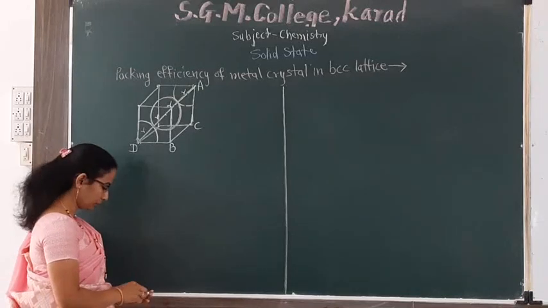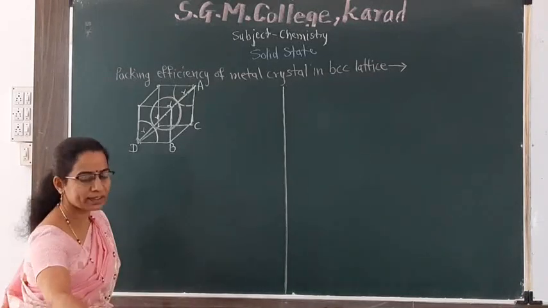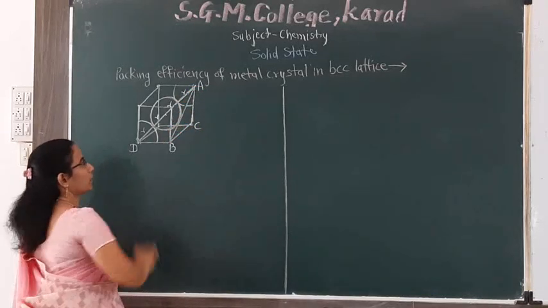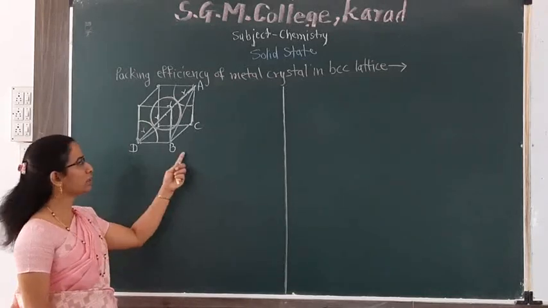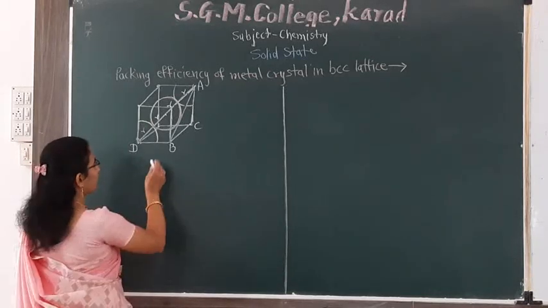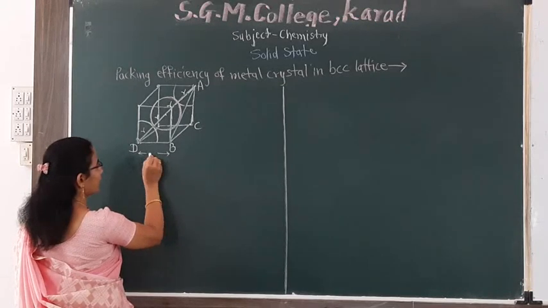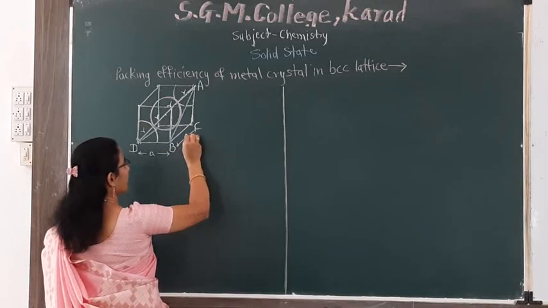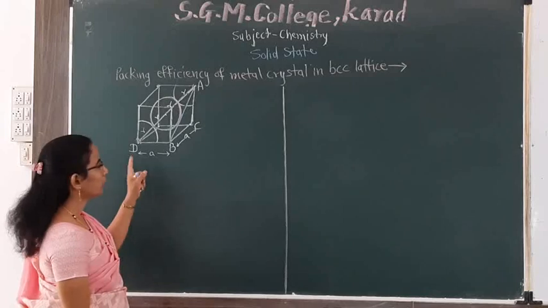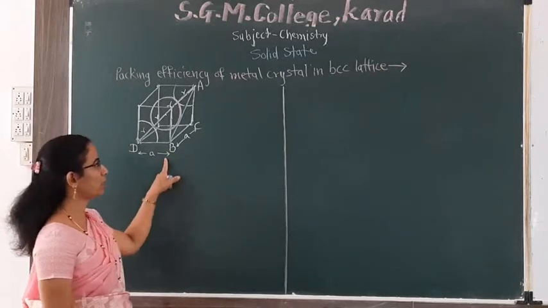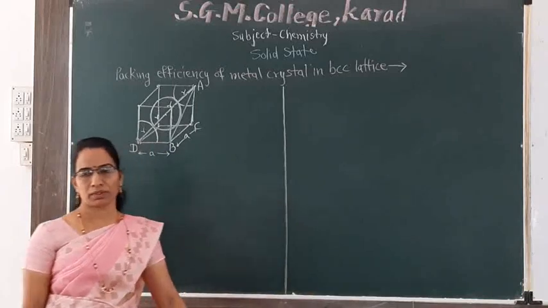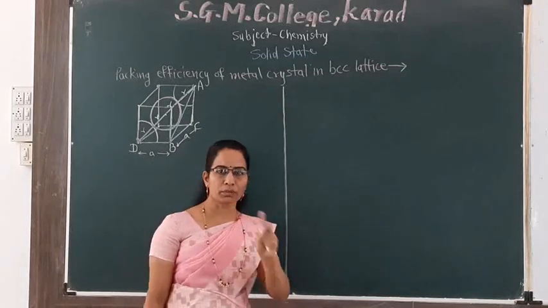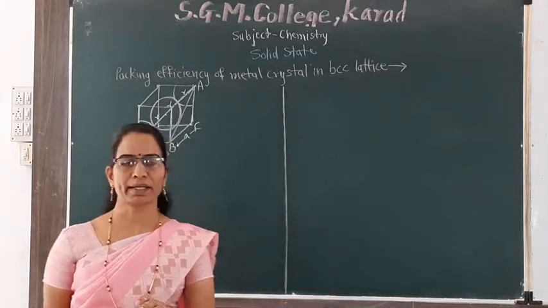Now I will draw a face diagonal along this face. Have you got this figure properly? Now again we know that the edge length of this cubic lattice is denoted by a. This edge length will be again a. Now using this figure we will determine the packing efficiency of this BCC lattice. Yesterday we saw the 4 steps to determine packing efficiency.